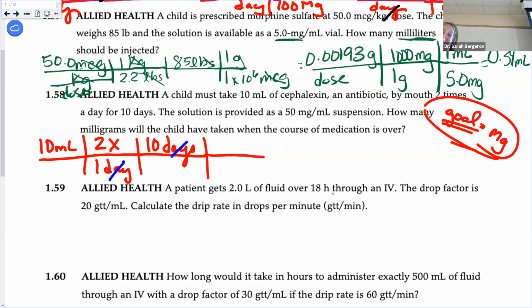As a 50 milligram per milliliter. When I put this into my dimensional analysis, that's just like saying 50 milligrams is equal to 1 milliliter. It's the same thing. So where do I want that 50 milligrams? The top or the bottom? At the top, 50 milligrams, because I want my milliliters to cancel out. And the only way my milliliters will cancel out, right? If milliliters were on the top, now milliliters are on the bottom.